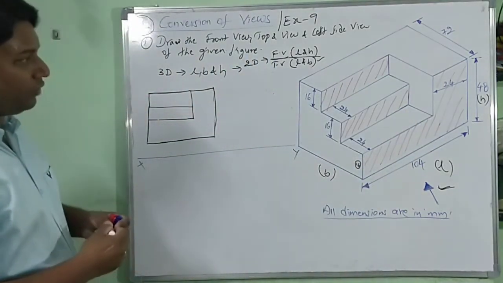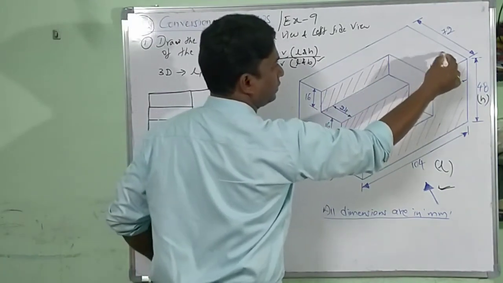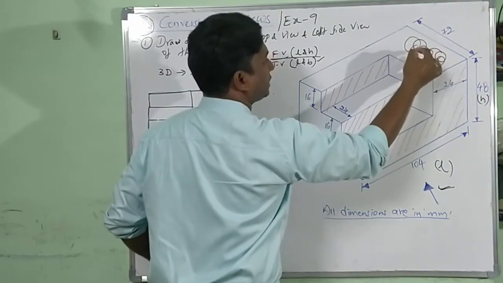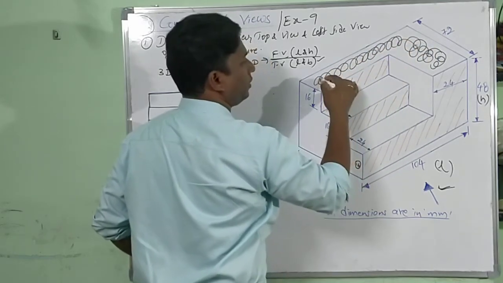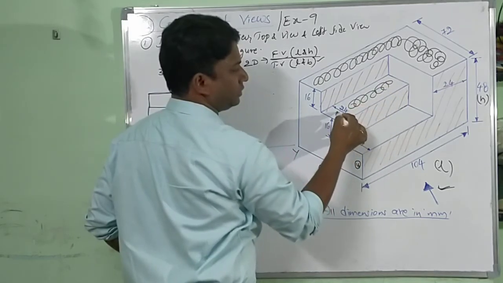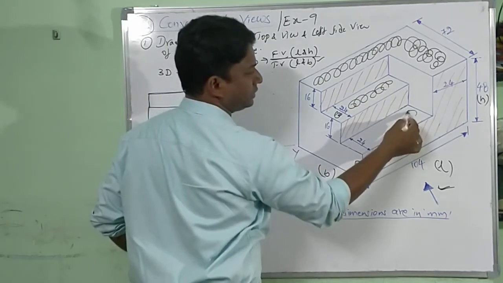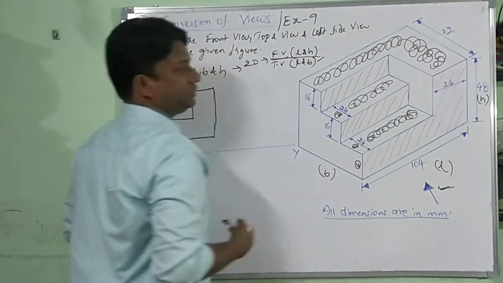It's a box of 104 by 72. See, 104 by 72, how you can trace it here is, to differentiate, I am taking this kind of hatching or shading. Top view, one is this. Second is this. Third is this.